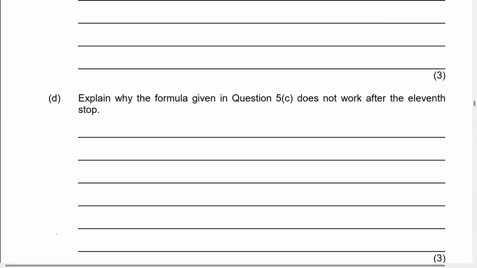If they say it doesn't work, there's negativity, so there might be a negative number, and we're trying to count positive things with these formulas here. So explain why it doesn't work after the 11th stop. So you can let n be 12, which is after the 11th stop. So why are we using the number that's after the 11th stop?